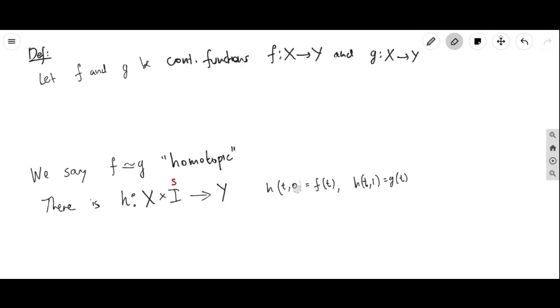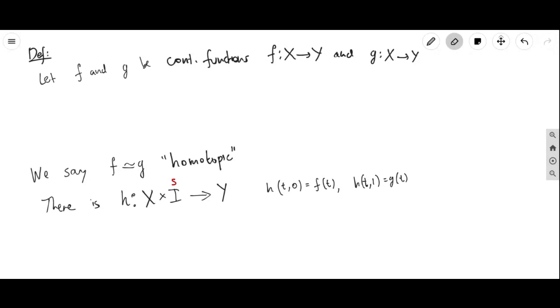And then when s moves between 0 and 1, you're continuously changing one function into another function. That is the idea of what is known as a homotopy between two continuous functions. So as you can see, it's very similar, but it's a little bit different.